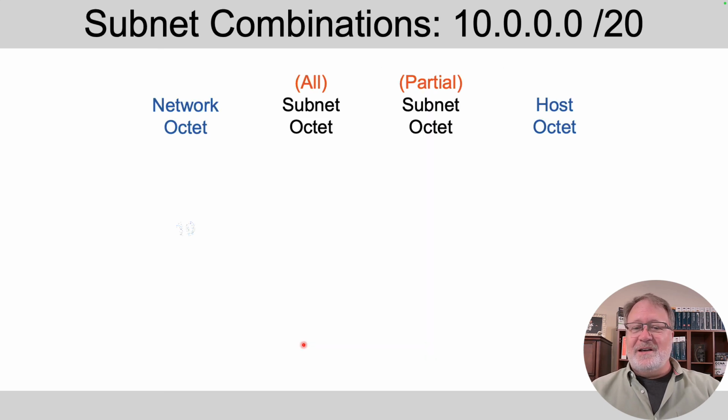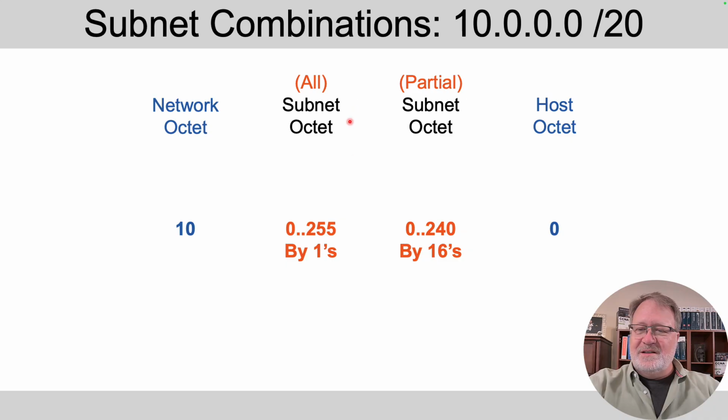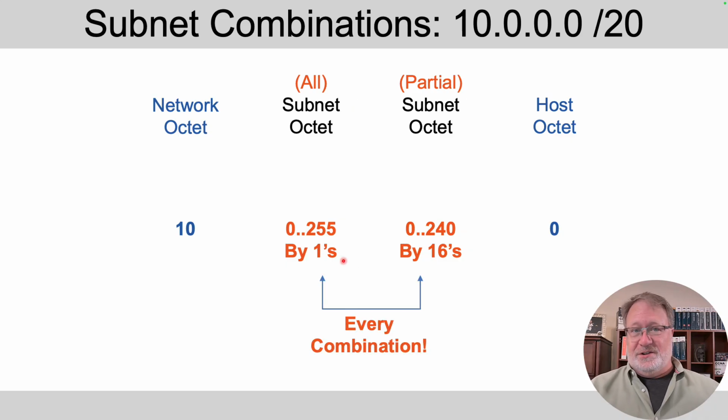So visually speaking, what's the pattern? It's a 10 in the network octet, a 0 in the host octet, 0 through 240 by 16s in that rightmost subnet octet, and 0 through 255 by ones in the leftmost subnet octet. And it's every combination of those to find all of the subnet IDs.